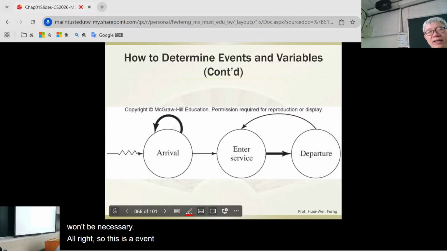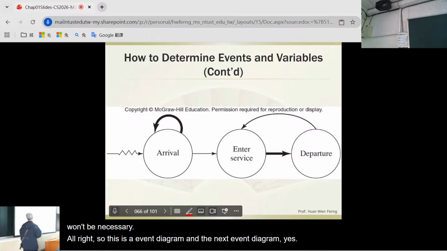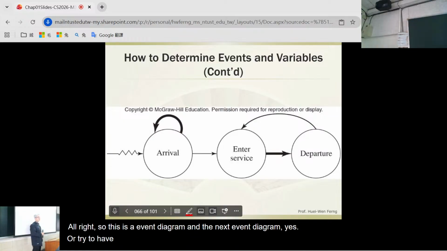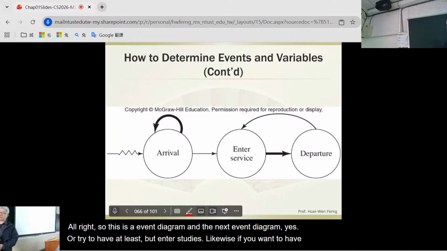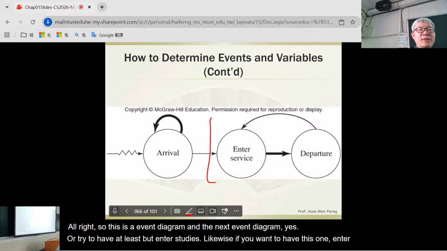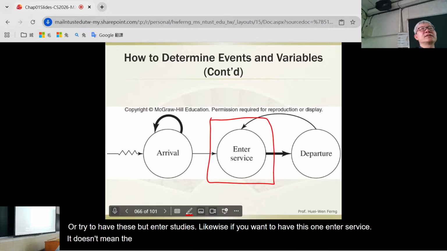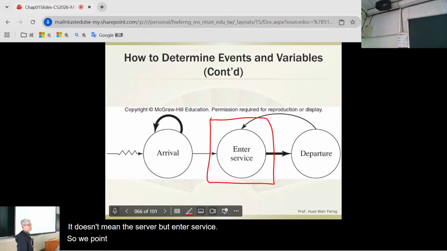And the next event diagram, we try to have these, but with enter service. If you want to have this one, enter service, then it doesn't mean the server, but enter service. So we point out when to enter server or enter service. It's still okay.